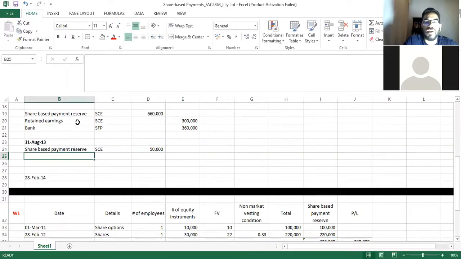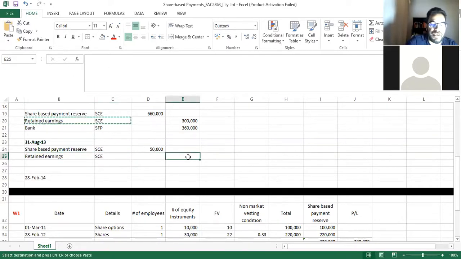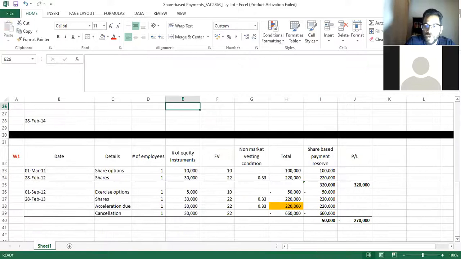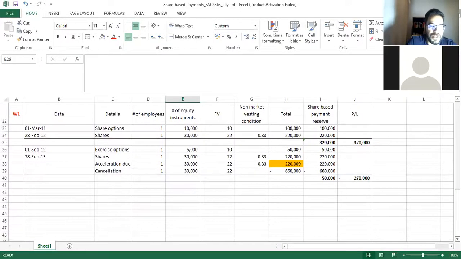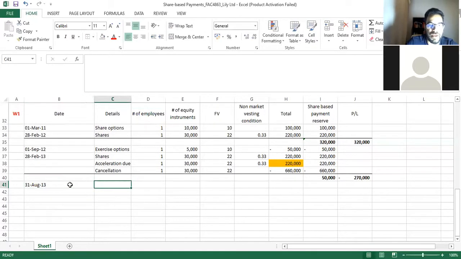When you transfer something out of share-based payment reserves, you take it to another equity balance, and that will just be retained earnings. So what we're going to do, 31 August 2013, it is options expired.